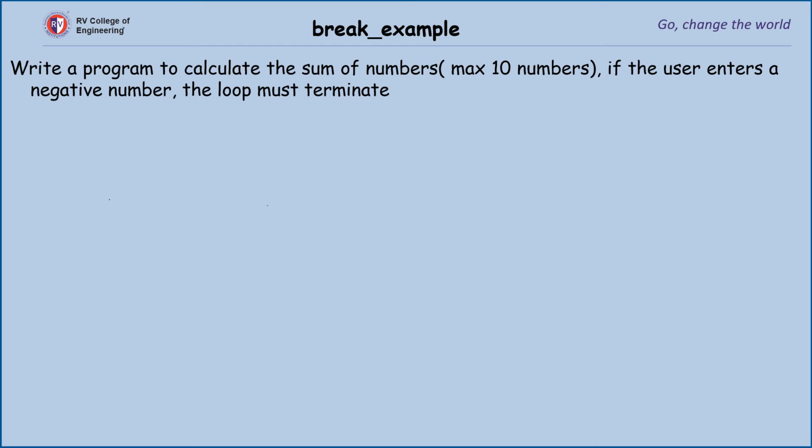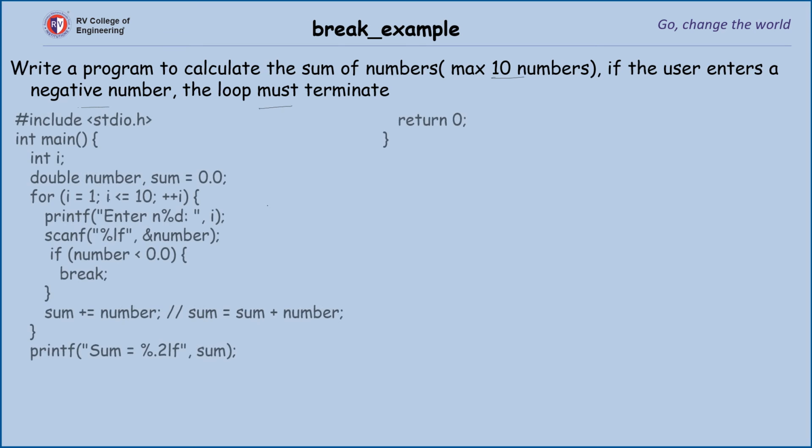Now let us take an example of a break statement. To calculate the sum of numbers, I've asked the user to enter 10 numbers, and now if the user enters a negative number, the loop must terminate. So I've made use of a for loop here, and this ranges from i equal to 1 to 10 because I need to read 10 numbers.